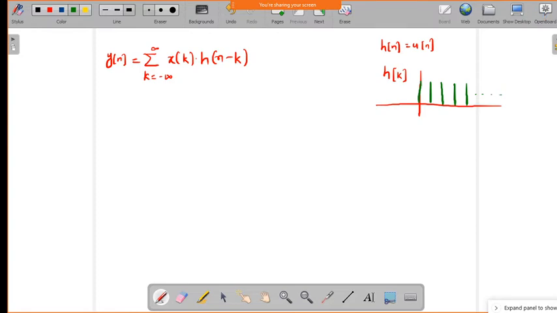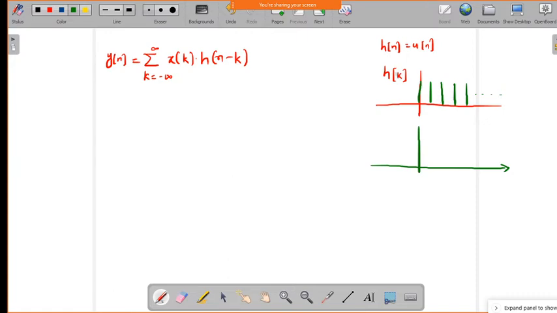Now if I shift h of k for some particular value of n, say for example if I shift by 3, the signal will shift by 3 units, or if I shift by 2, it will shift the signal by 2 units.